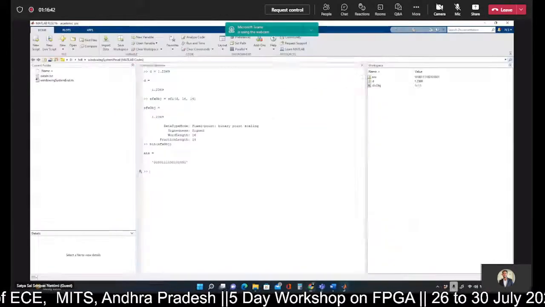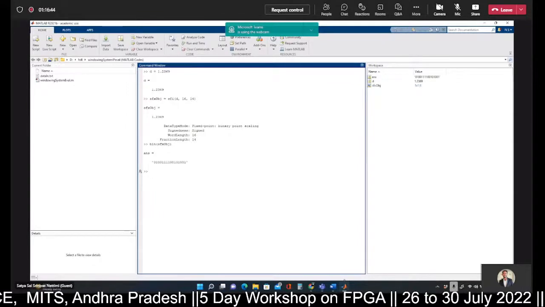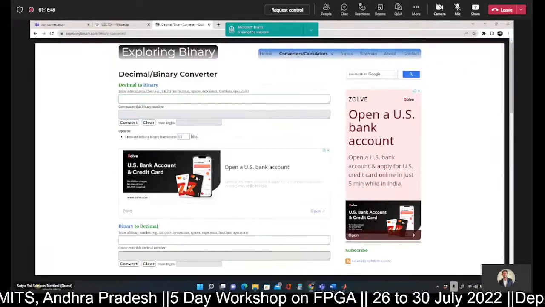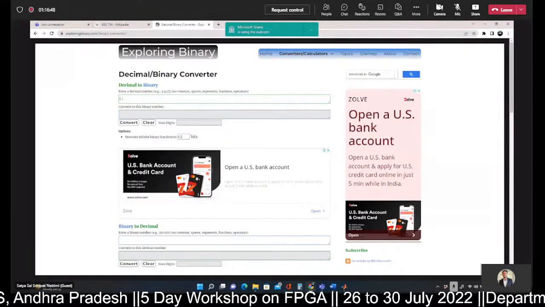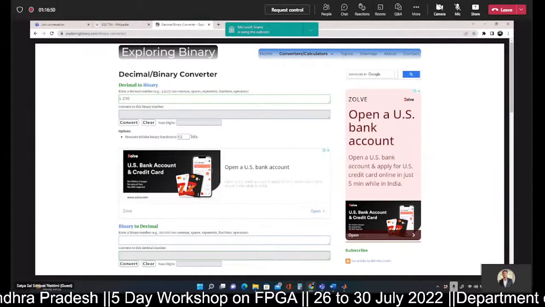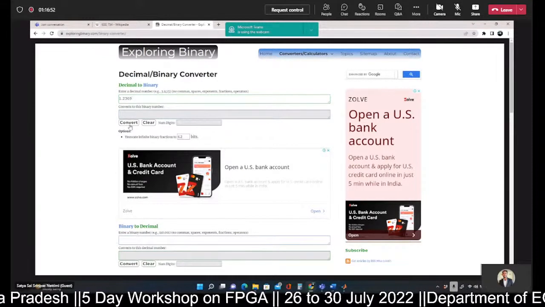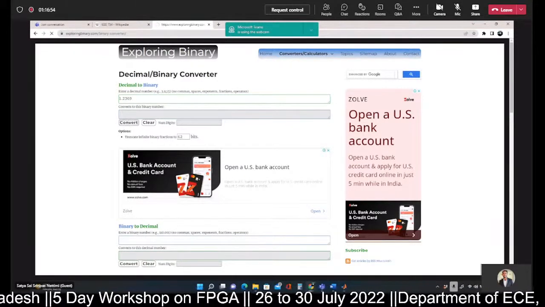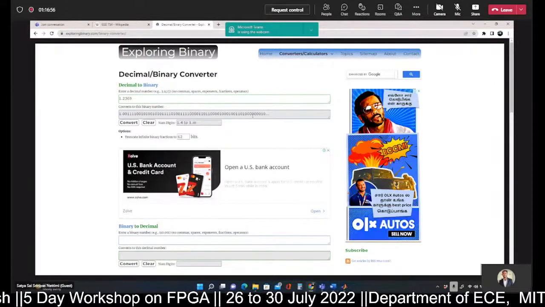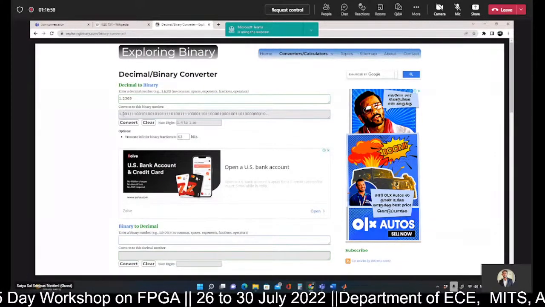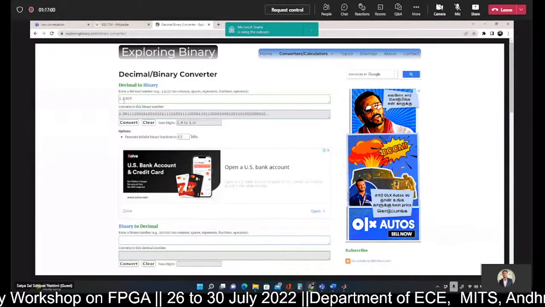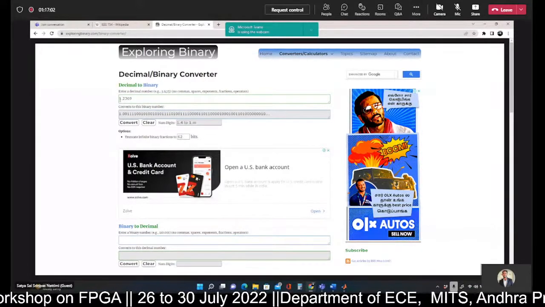What is the value I have taken? 1.2369, right? If I convert it into binary, you see this value is represented with one integer bit. Why? Because the integer part is 1.